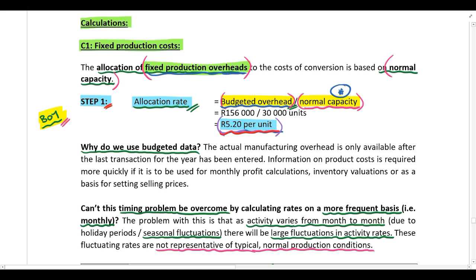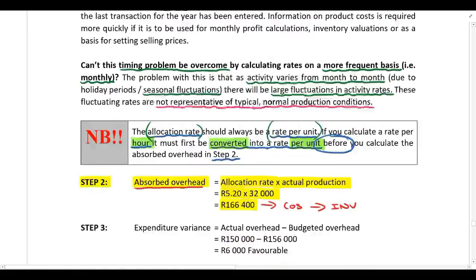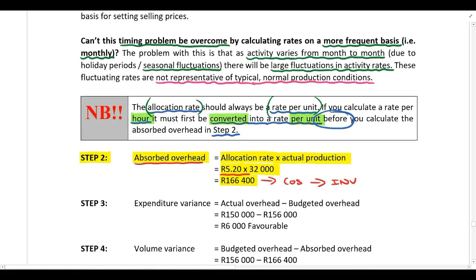So every time the company produces a unit, they are going to allocate 5.20 Rand to cover their fixed production overheads. So that's why in step 2, we take the rate and we multiply it by actual production. Because I said to you, every time they produce a unit, they will allocate 5.20 Rand in order to cover the costs of fixed production overheads.